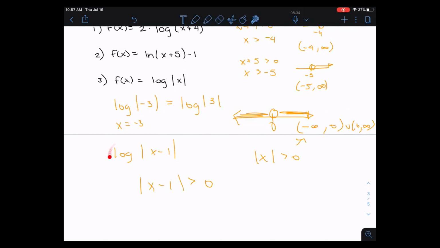In this example, you set the absolute value of x minus 1 greater than 0, and that's how you get your answer. We actually learned about this on the first day, so you should be familiar with it. Remember, you just have to set up your two cases, and then you can solve for it.